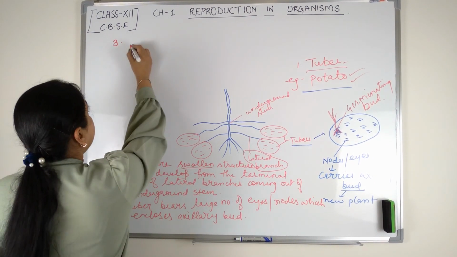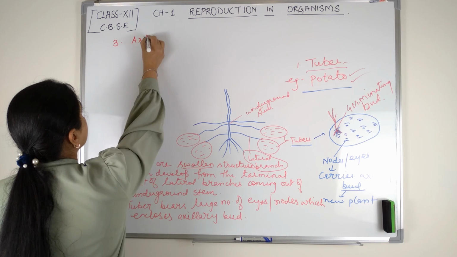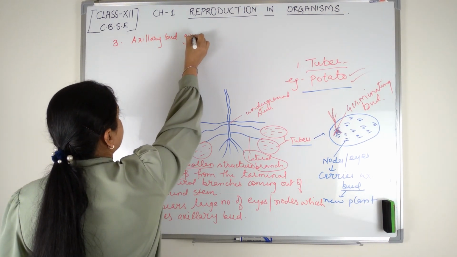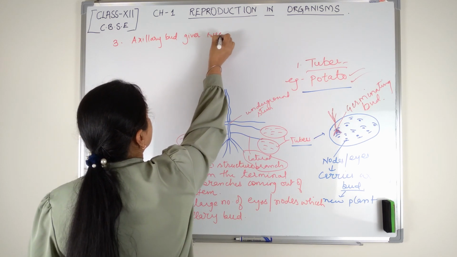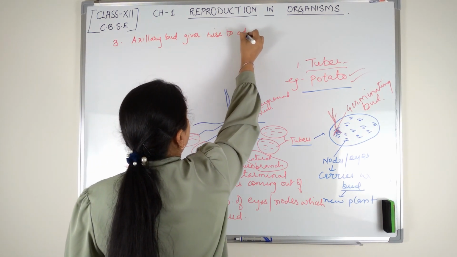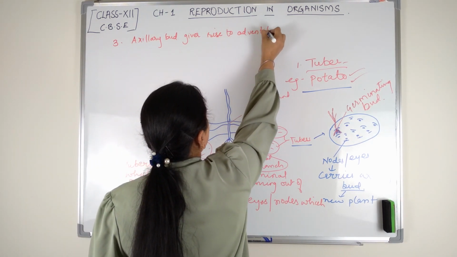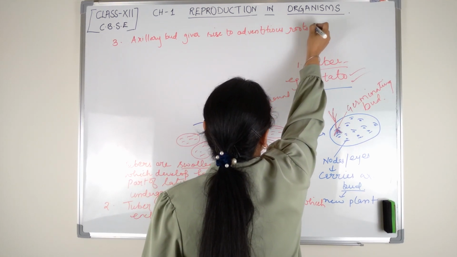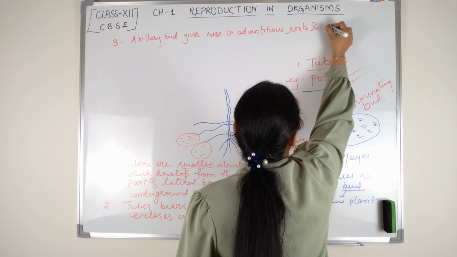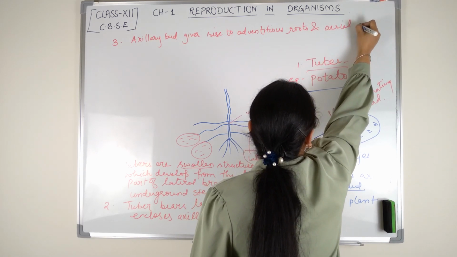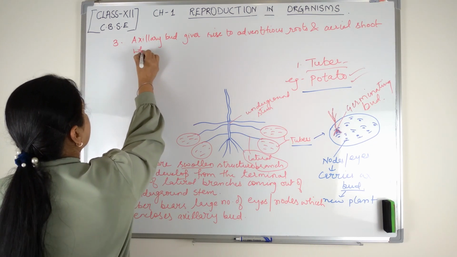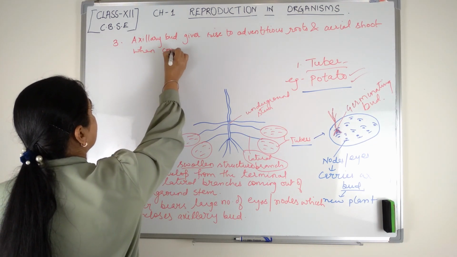Thirdly, the axillary bud gives rise to adventitious roots and aerial shoot when it comes in contact with soil.